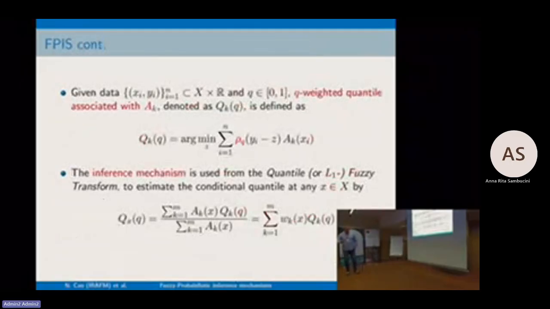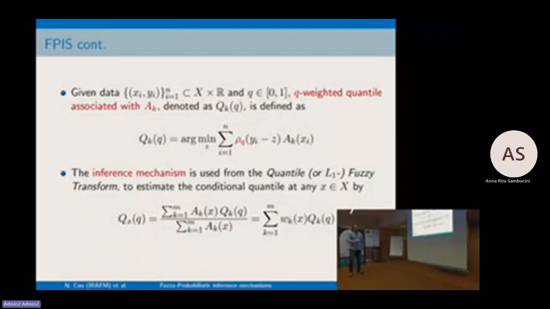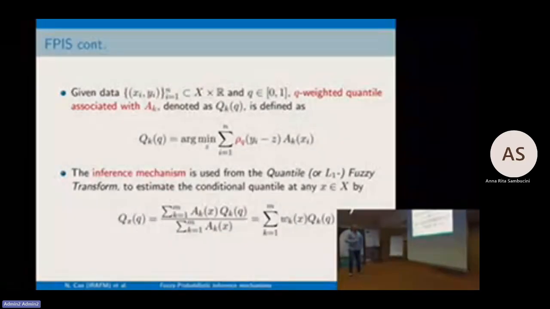And in the same way as for kernel quantile regression, we can determine this function, but here we consider g to be constant, not a linear function. So we are looking for the constant, say the q-weighted quantile.